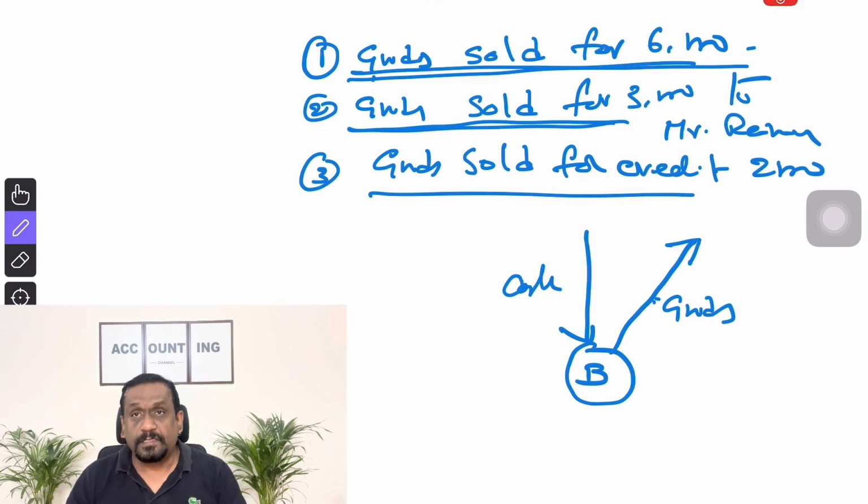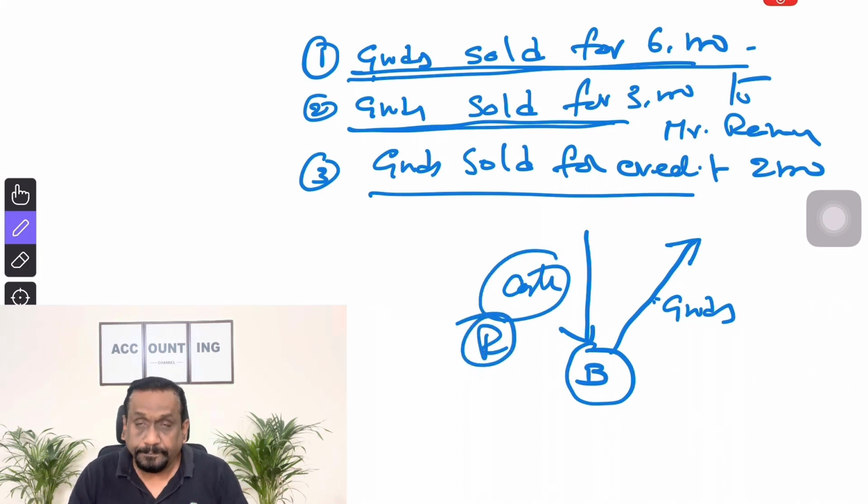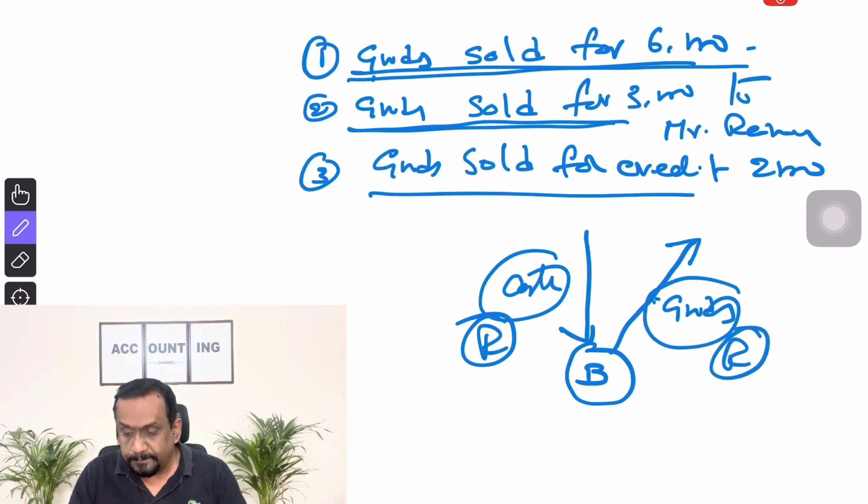What type of accounts? Cash and goods. Pause the video and answer yourself. Cash is a real account. Goods, real account. Next, what is the rule? Golden rule: under real account, debit what comes in, credit what goes out.